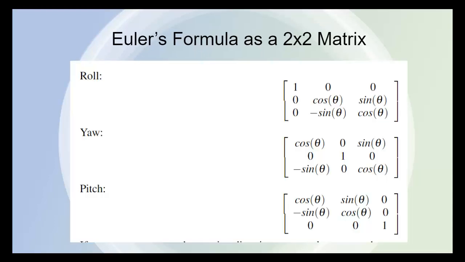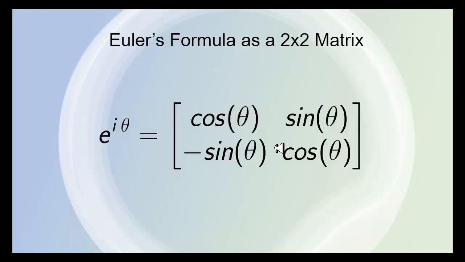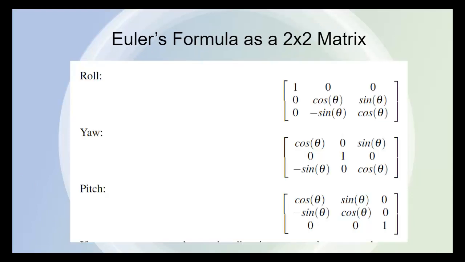And so here are the 3 rotations. If you embed this formalism into a 3x3 matrix, now a 3x3 matrix is a sub-matrix of a 4x4 matrix, and we refer to this as the rotation matrix. If you only need to do rotations, you can use this.